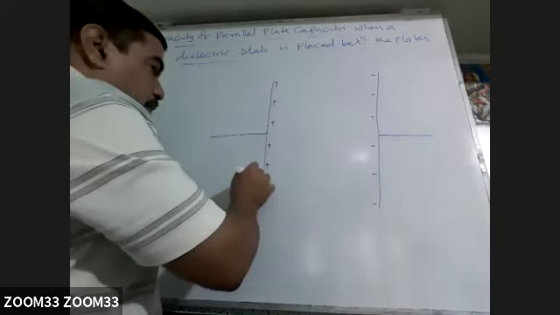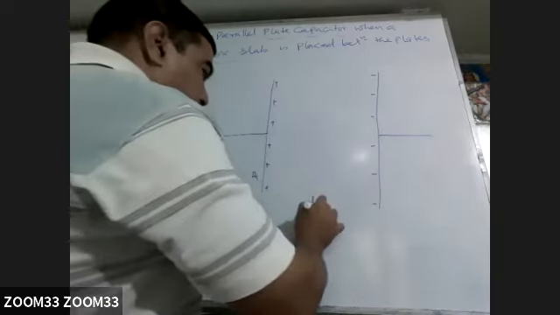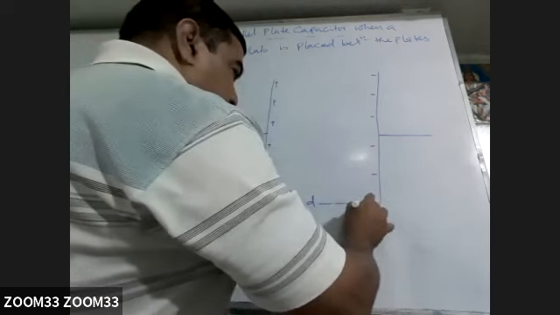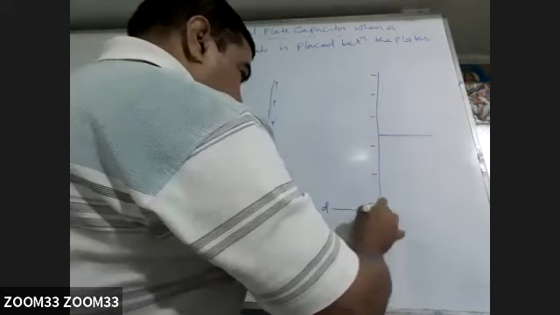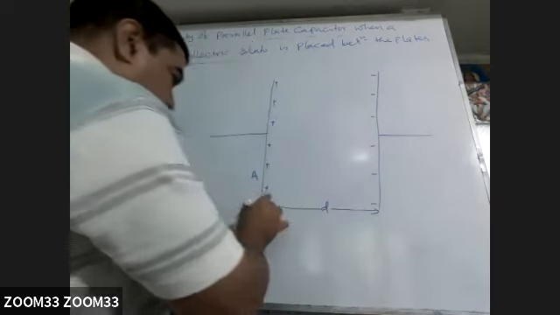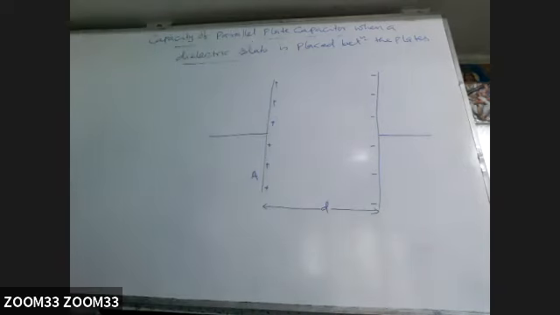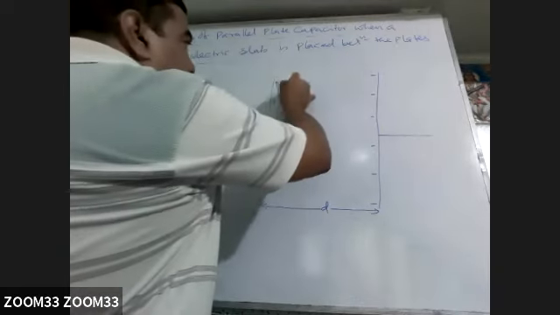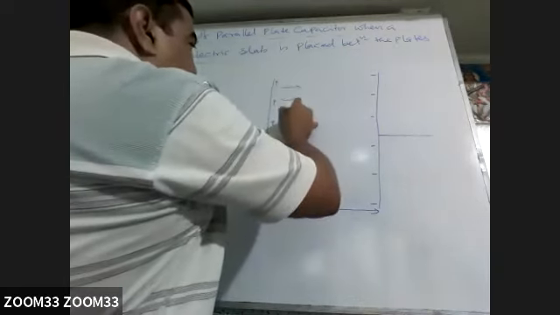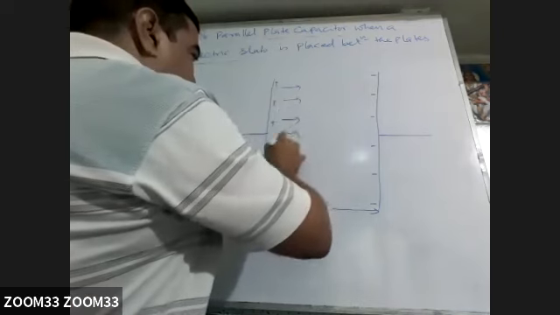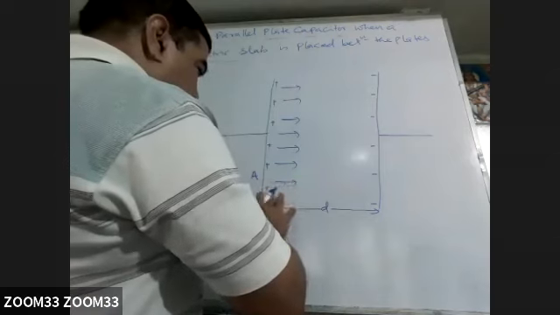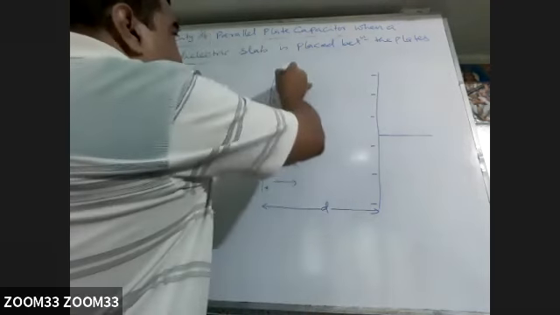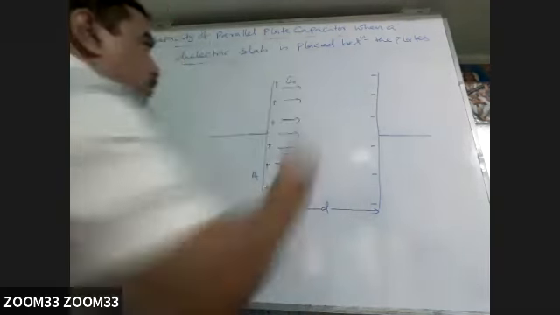The area of each plate is A, and the distance between these two plates is D. So here a uniform electric field will be created. This is the E naught, suppose.